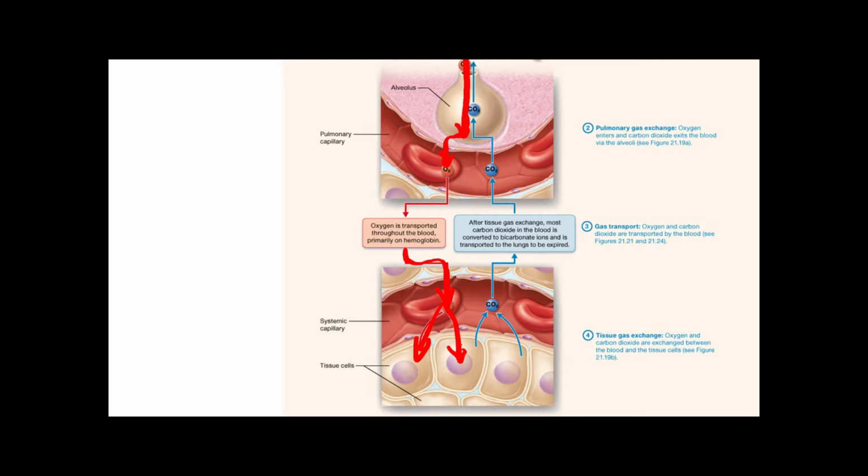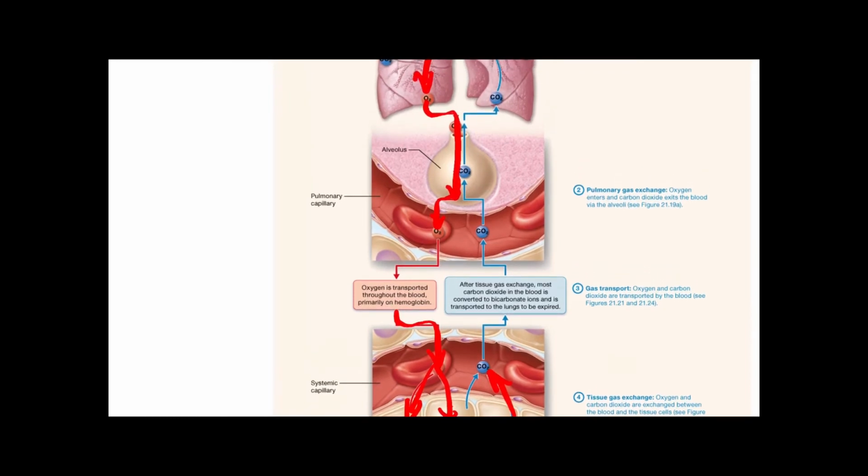The carbon dioxide is able to diffuse into the blood, where some of it travels freely in the plasma. A portion of it travels attached to hemoglobin.